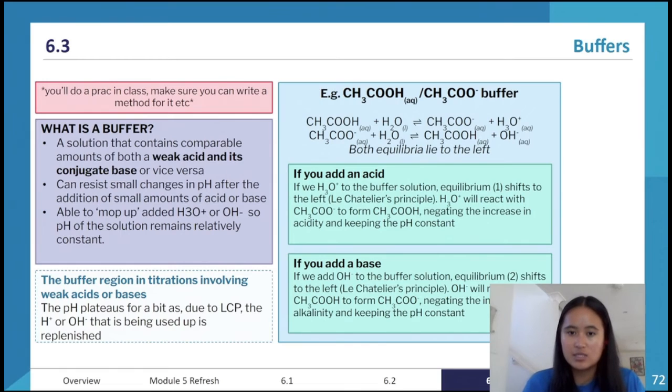If you add a base, you add OH, it needs to accept a hydrogen. So the acetic acid will donate its proton to the OH to make water. And that will, again, stop a change happening to the pH because it's counteracted it.